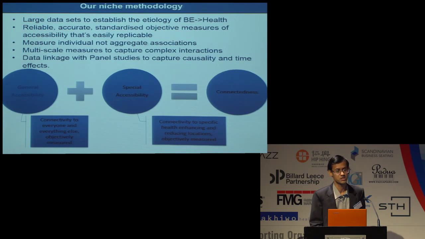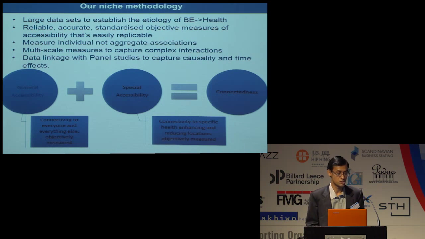To overcome these challenges, our niche methodology focuses on large-scale data sets to understand the etiology, reliable, accurate and standardized objective measures of accessibility, individual-level measures as opposed to aggregate measures, multiple spatial scales to capture complex interactions, and data linkage with existing health cohorts so that we can have causality as well as time effects.